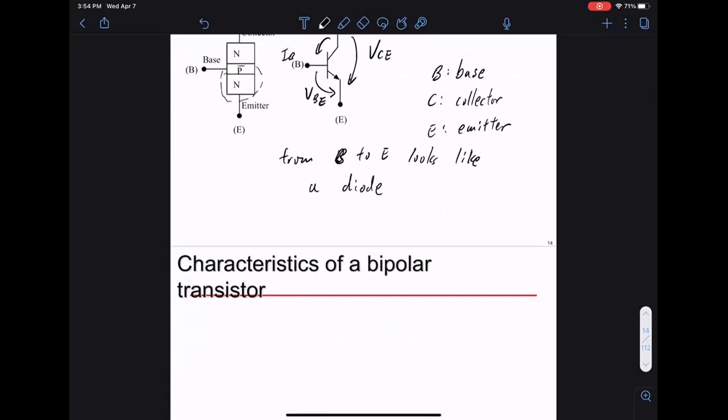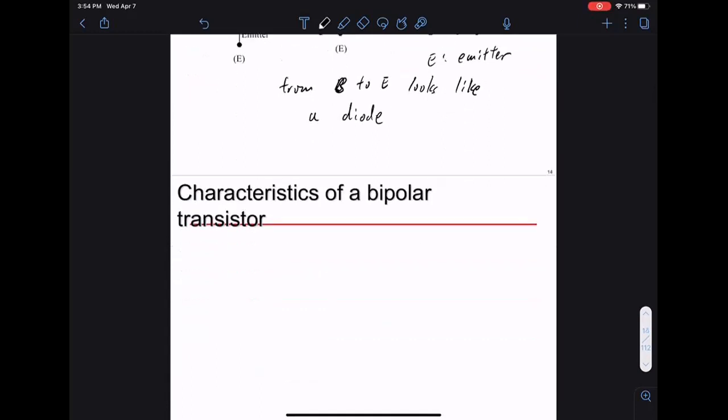So this looks like a diode from B to E. If you have some VBE, some voltage, then you can control the current. As long as this voltage is high enough, then I can pass current through this space.